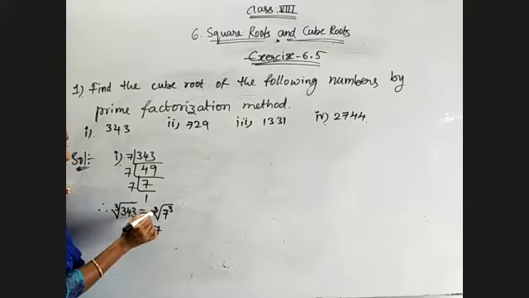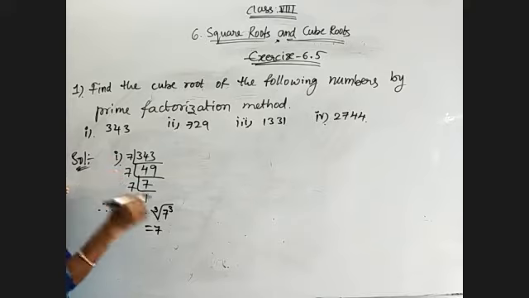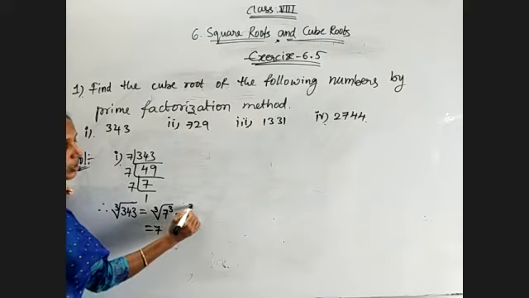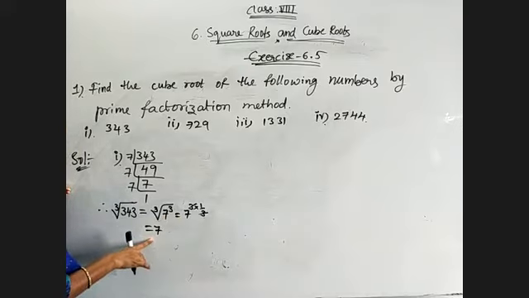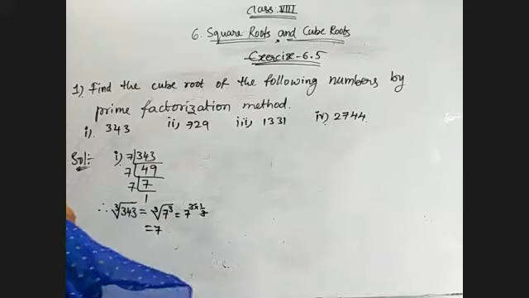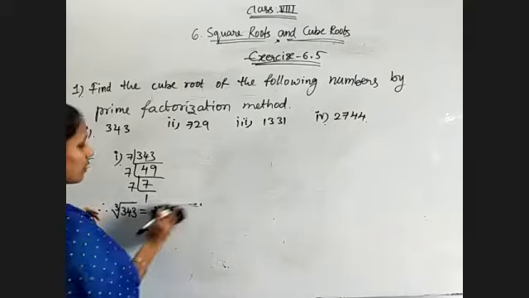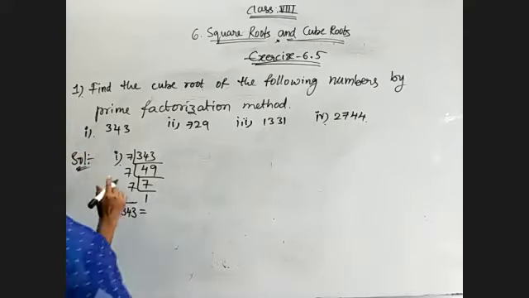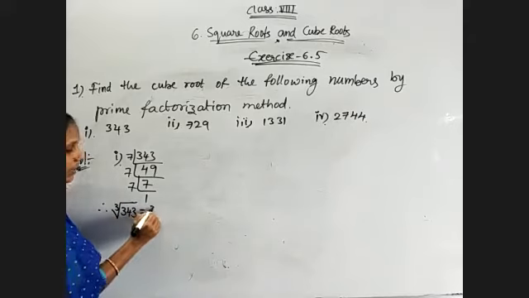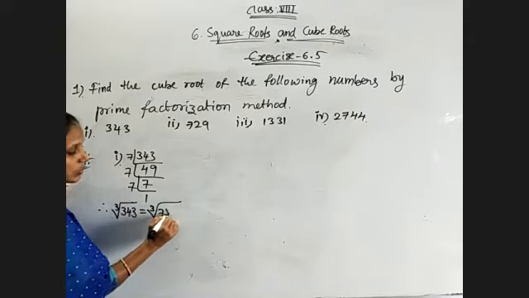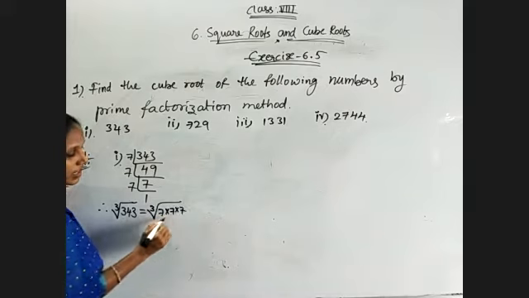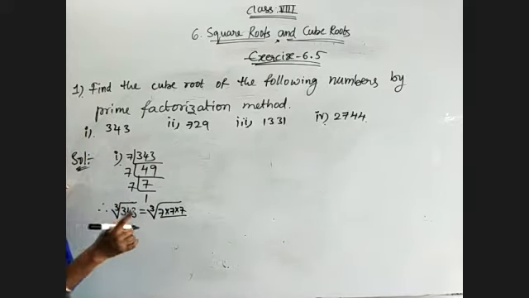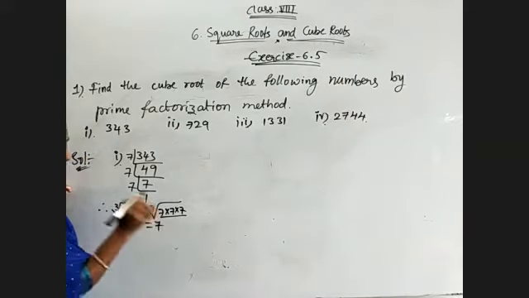Because cube root is nothing but power 1 by 3. That is 7 cube to the power 1 by 3. 3 will get cancelled, 7 only will remain. When the order and power both are same, then we will get that number itself. For 3 sevens, we need to select one 7 outside. So that is 7. That's it.